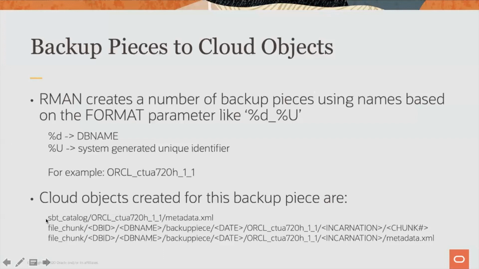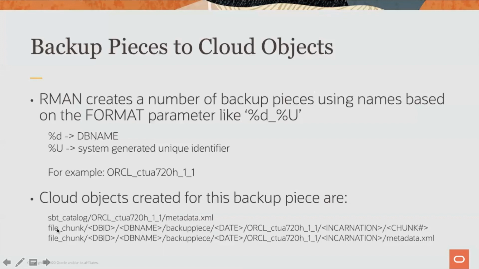And so you have this sbt_catalog/backup piece name/metadata.xml, where the SBT library stores some metadata information about this backup piece. And this is for any backup piece. Every time a backup piece is stored in the cloud, something under this sbt_catalog/backup piece is created, and it is this metadata.xml file.